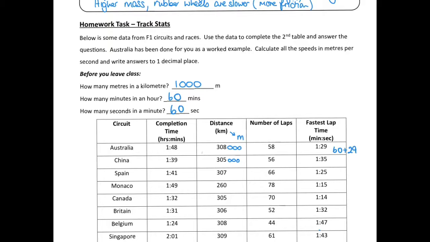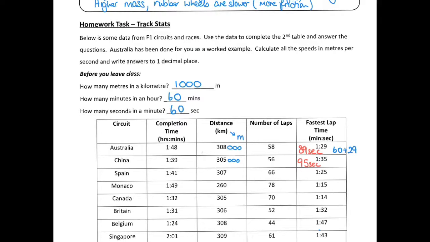And the next one would be equivalent to our 1 minute, which is 60 plus 35, so 95 seconds. If you want to, you can add this information into your table just in small writing, or you can do it on the next table in your calculations.